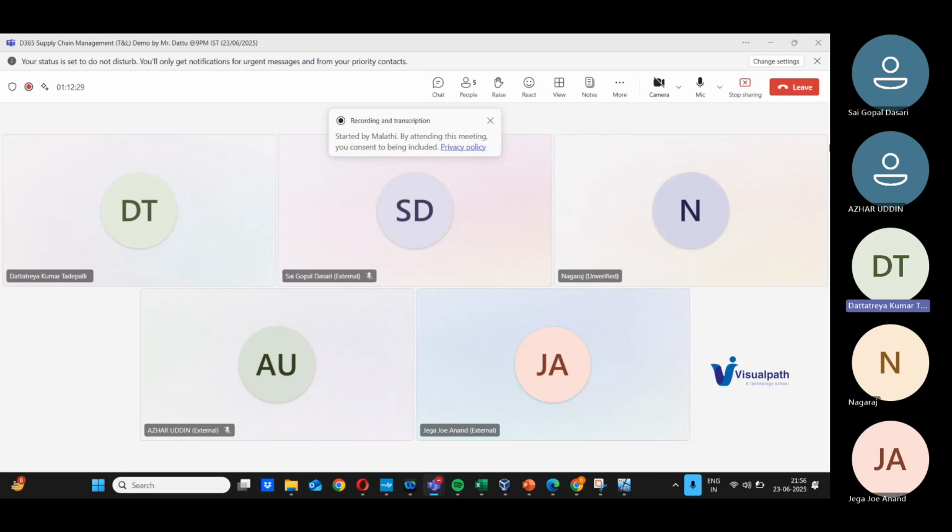So there's a scenario. Is this including the TMS, the transport management system, like label printing? No, no. Actually, this particular TMS is a very smart module.